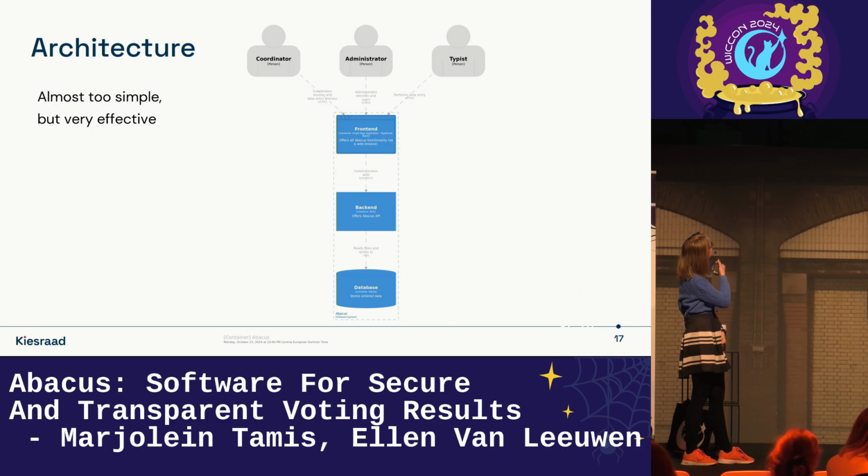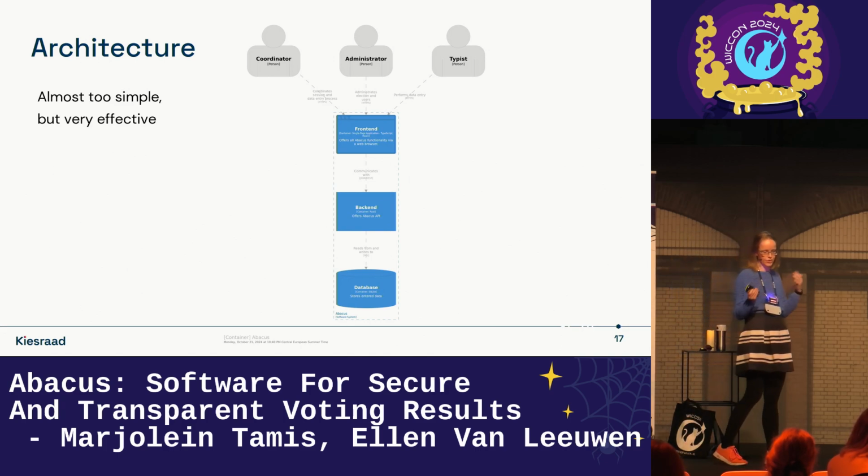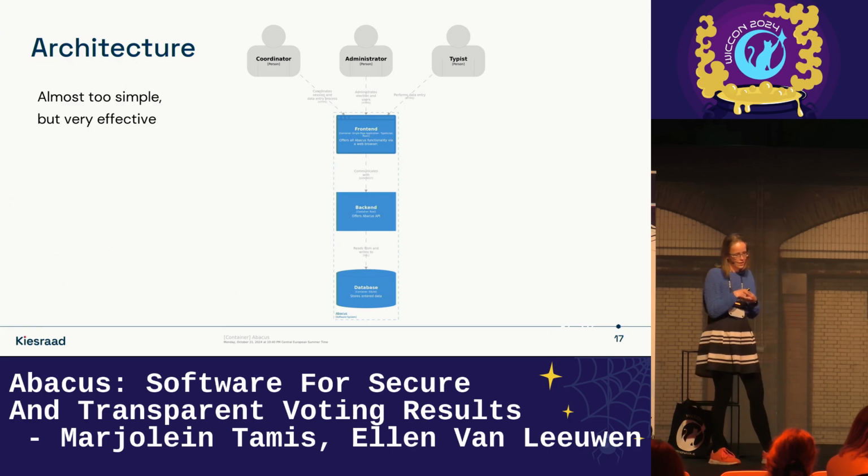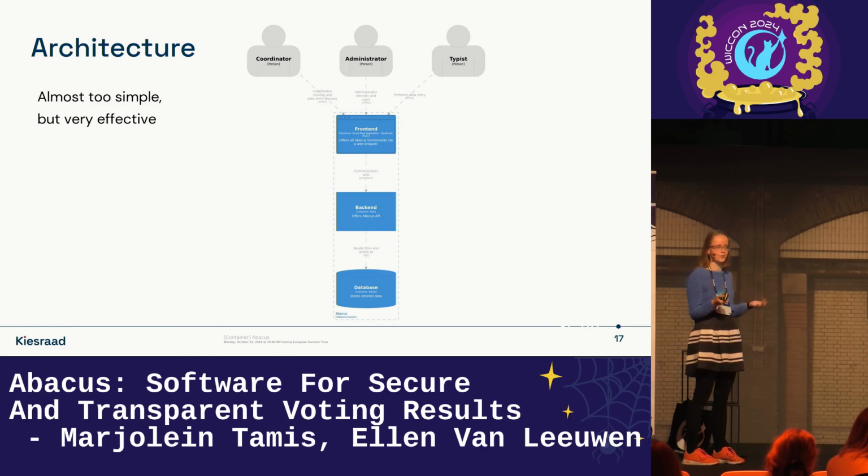So basically we're going to have 3 different roles. First of all, the administrator, who will be able to administrate and manage elections and users. Then we'll have the coordinator, which can coordinate the election session and the data entry process. And then we have a lot of typists that are going to do the data entry.